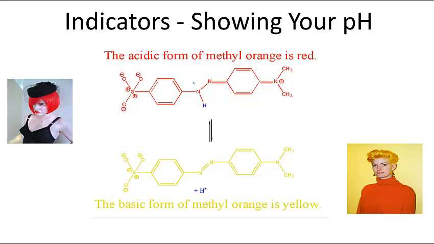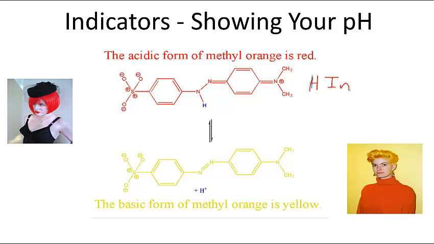So here's the equilibrium we're dealing with. To make our lives easier, rather than writing out this formula every time, we will call this red one HIn, standing for H indicator. The In there is not standing for indium, the element.